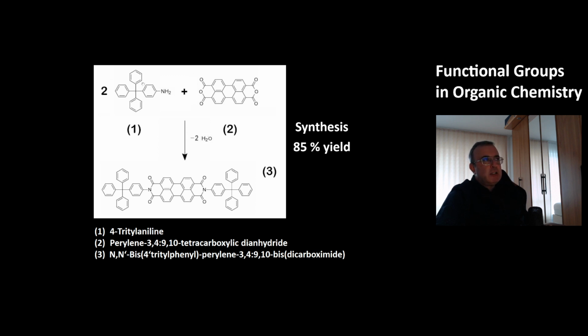And 4-trityl-aniline is because the atom with the highest atomic number sets the number 1 carbon. That's this carbon that is directly connected to nitrogen. 1, 2, 3, 4. The carbon opposite of it is number 4. That's why 4. That's how you make it. You have 85% yield, which is good.